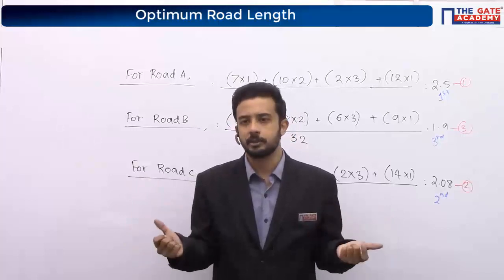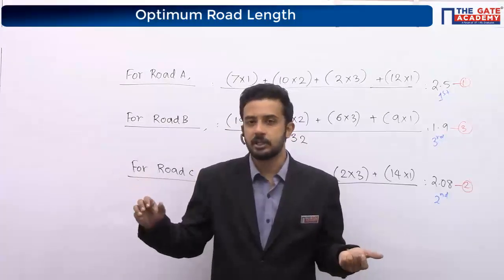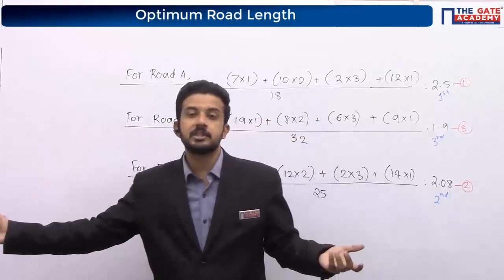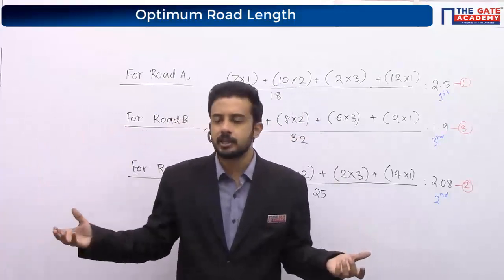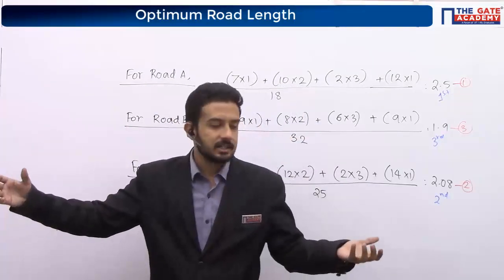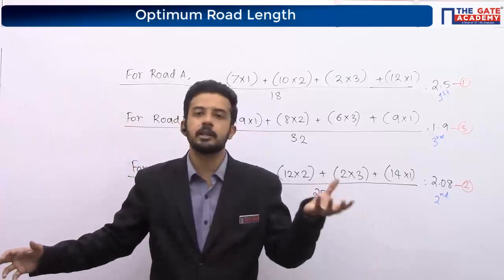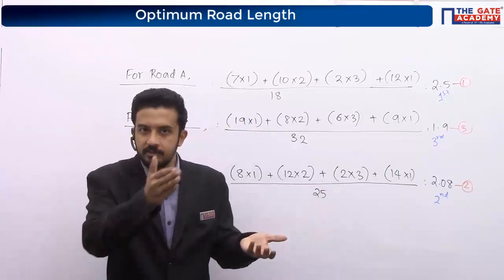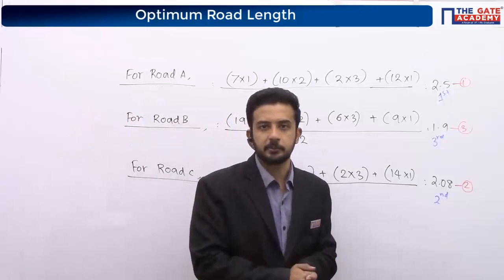Then for the third, greater than 2000, I give a weightage of 3, which means I assume that third village is 3 times more important than the first village, which has less than 1000 population.